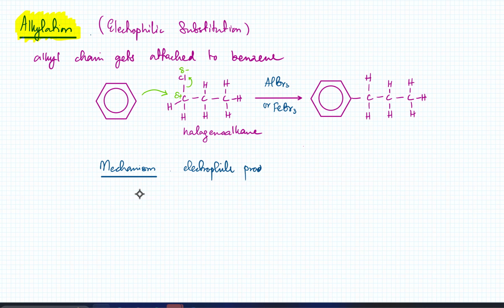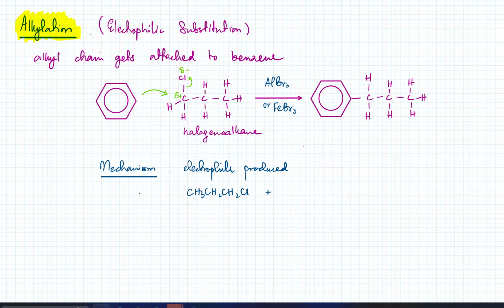So how is that produced? This halogenoalkane, CH3, CH2, CH2, and Cl, goes and reacts with, sorry, this should not be Br.